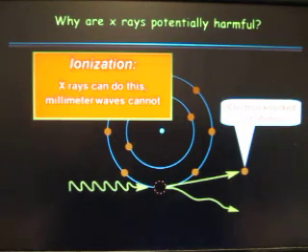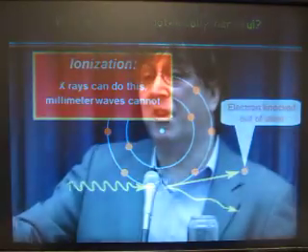And that's essentially the process which is biologically harmful, because if you can knock electrons out of atoms, you can distort atoms, you can break molecules. And what's important here is that X-rays can do this, but other types of radiation, such as millimeter wave radiations, can't do this. They don't have enough energy to knock electrons out of atoms.